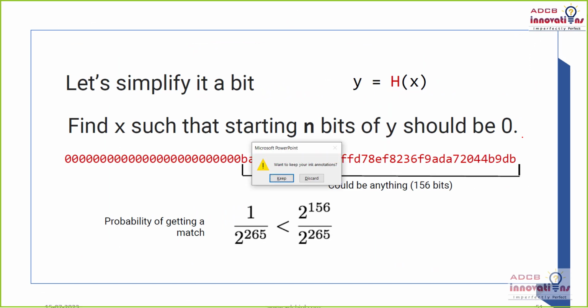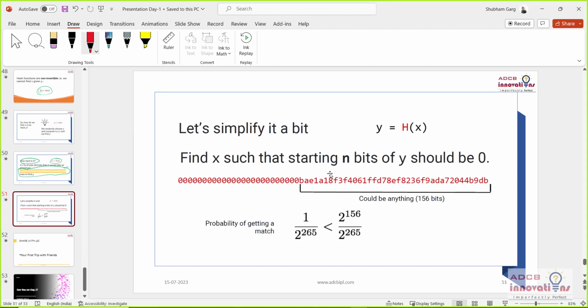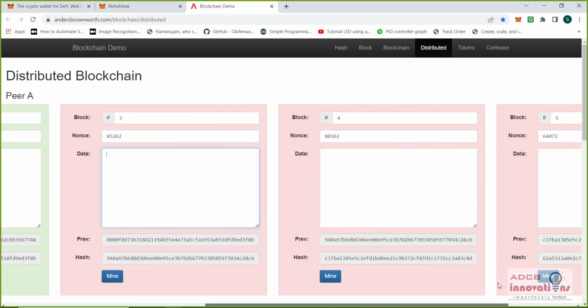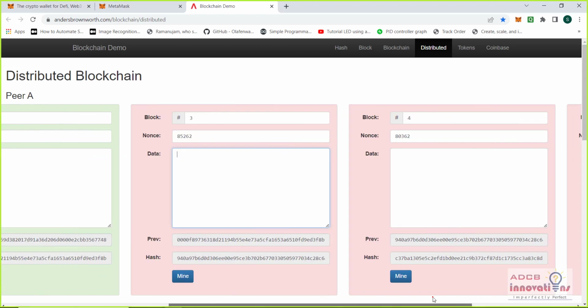So basically, if we simplify it more, this is the probability that we find the correct hash. Now, as we have seen in this demo, all the hashes change. So a person can snoop in and even make these transactions legit by finding these hashes, if and only if he finds the correct hashes from the data.